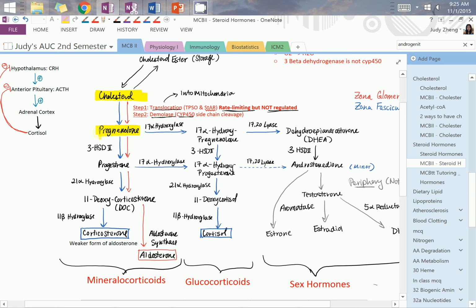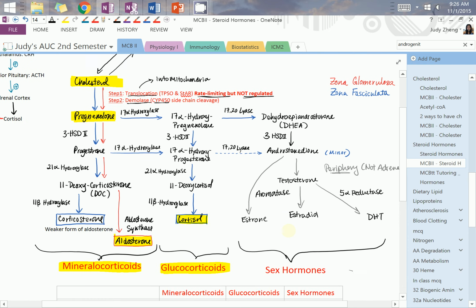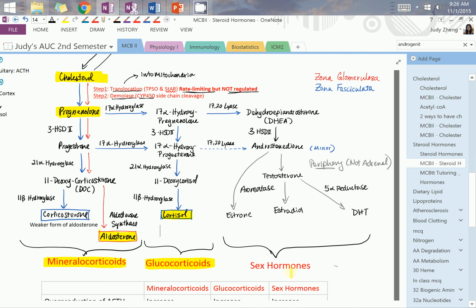And there are three types of products that you can have from this point on. This pathway over here will give you the mineralocorticoids. The most potent mineralocorticoid is aldosterone. A separate pathway will give you glucocorticoids, and most notable is cortisol. And then the last set of pathways will give you sex hormones.